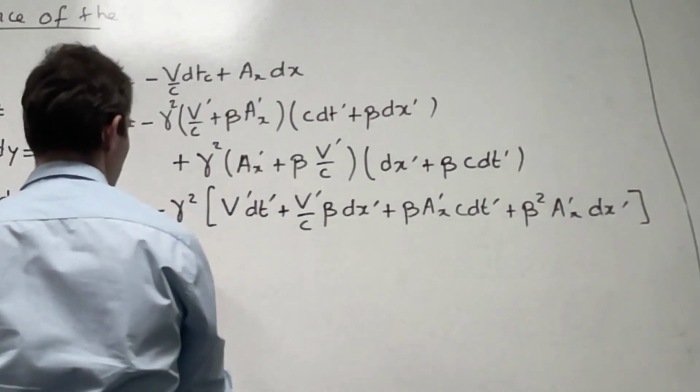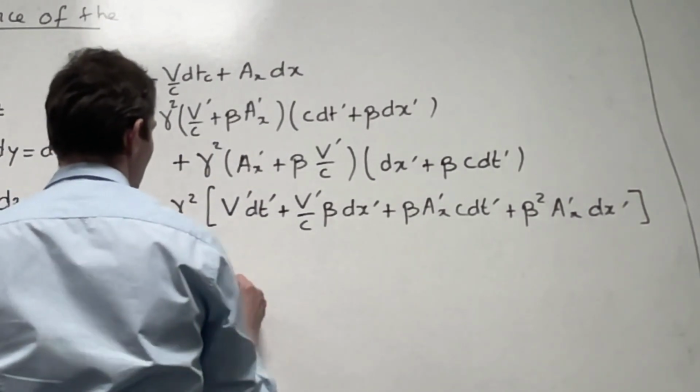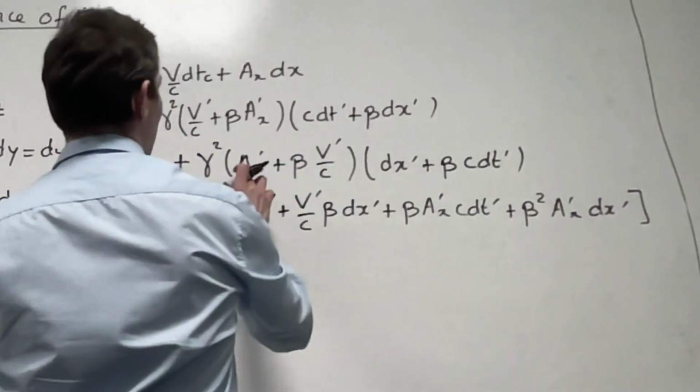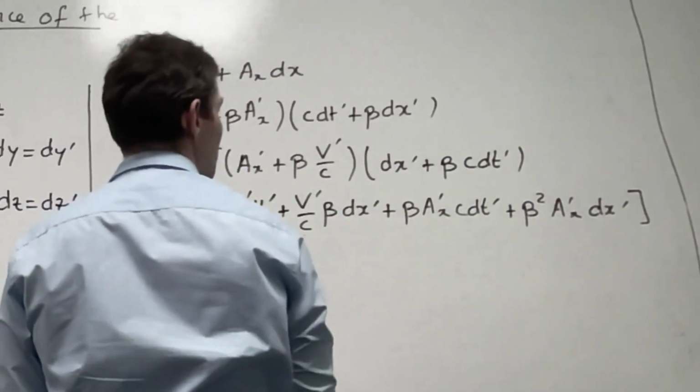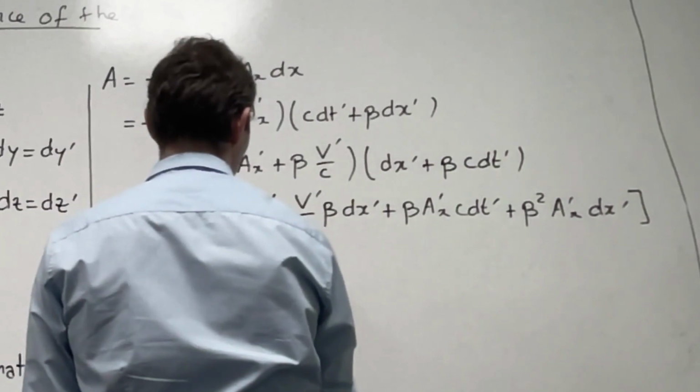Then let's look at the other ones. Gamma squared, and then we are going to have a prime x dx prime.